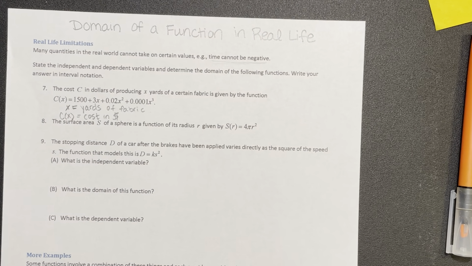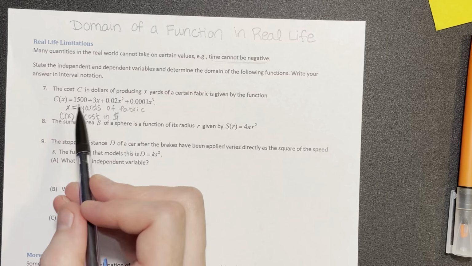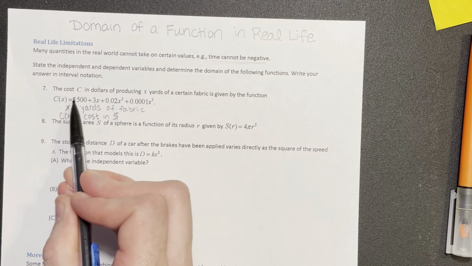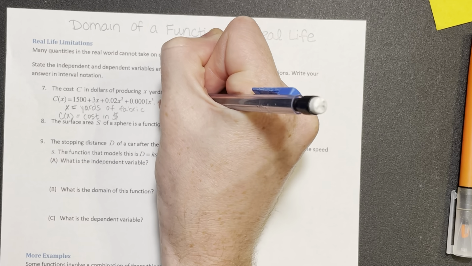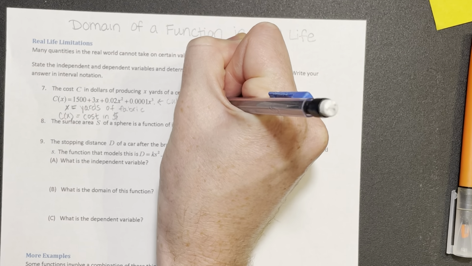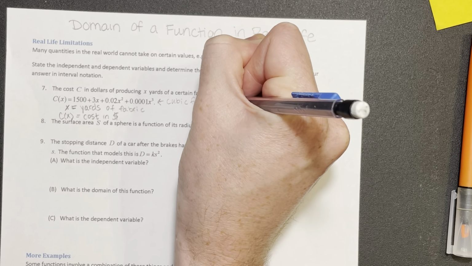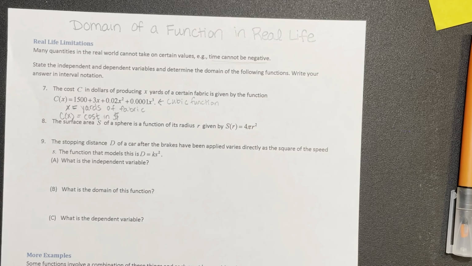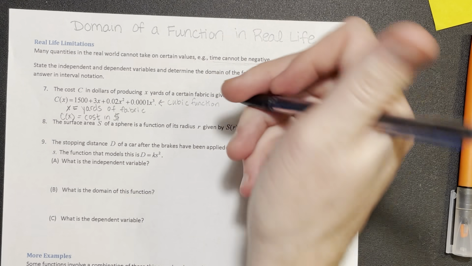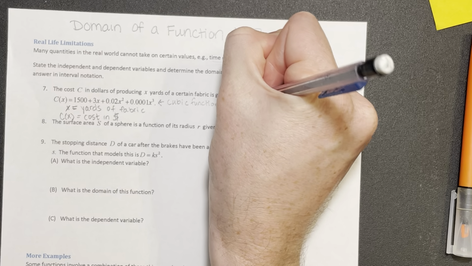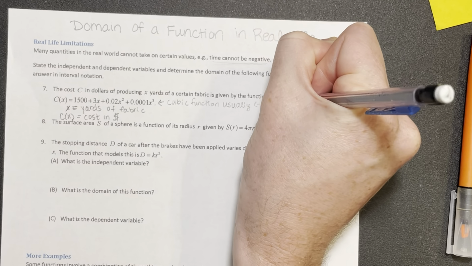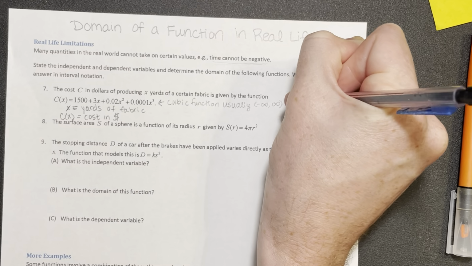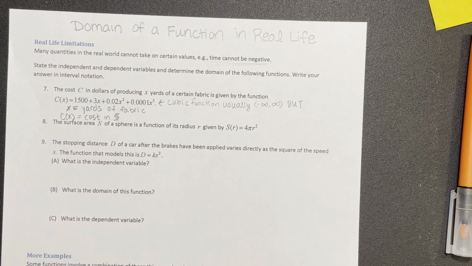When we think about this function, the overall type of function that we're working with is cubic, because it's x cubed. And usually this has a domain of all real numbers, negative infinity to infinity, but we do have to think about this in the real world.